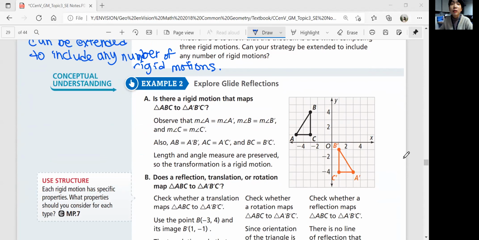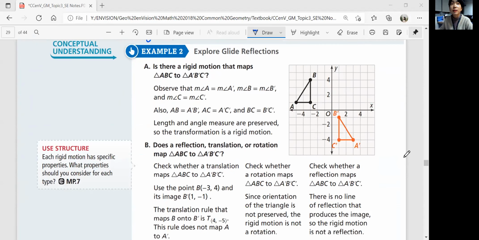Part A, is there a rigid motion that maps triangle ABC to triangle A prime B prime C prime? Got it? So let's see what kind of rigid motions can map from here to there. You could translate over here, or you could reflect like this, but you have to reflect again, and then you have to rotate.